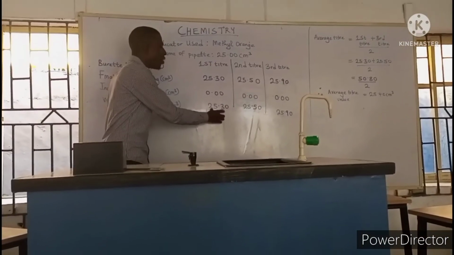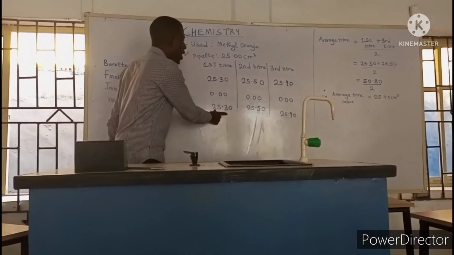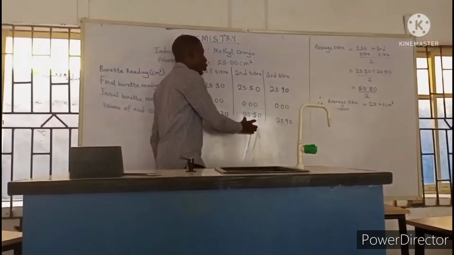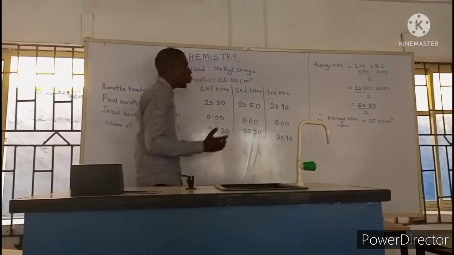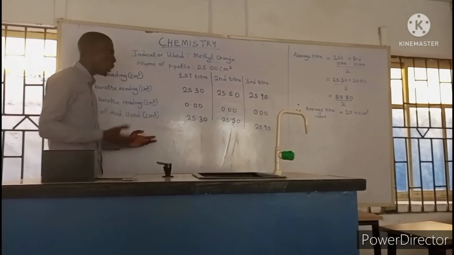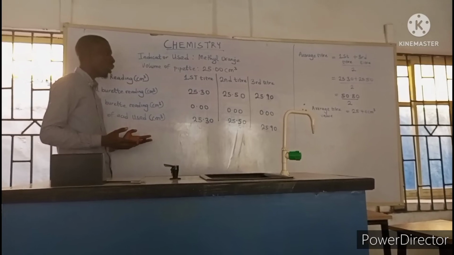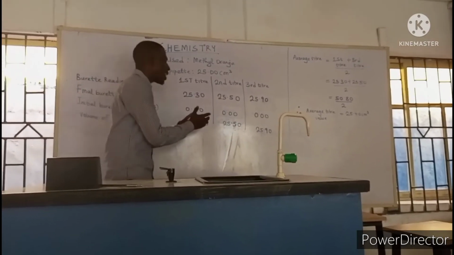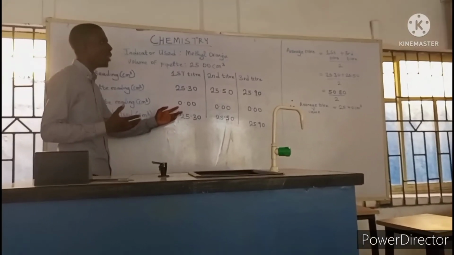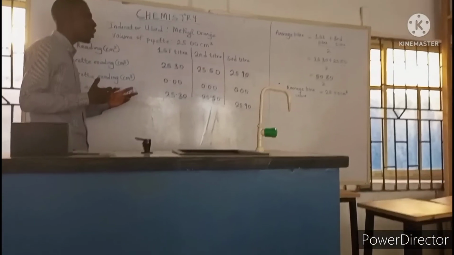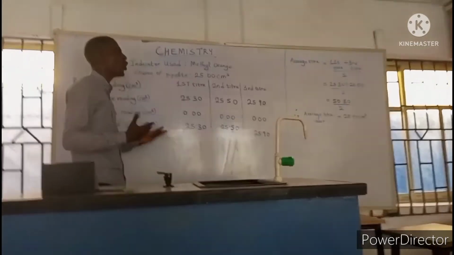In this, the first titre value happens to be 25.30. The second titre value happens to be 25.50. And the third titre value happens to be 25.90. Looking at these values carefully, we will notice that the first and the second happen to be consistent. Why? Because the difference between them is equal to 0.20.